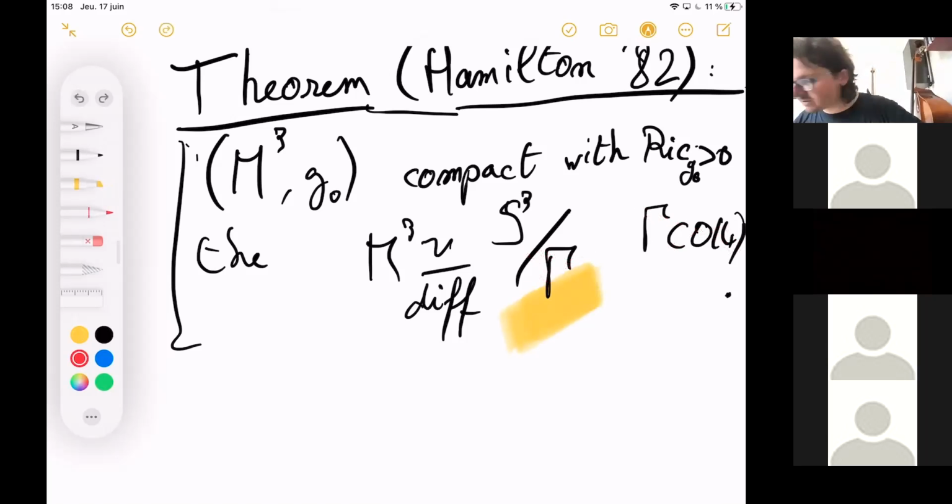So it's a step towards proving that any simply connected compact three-manifold is diffeomorphic to S3, which is the Poincaré conjecture. You do have that, but under a very strong geometric condition.